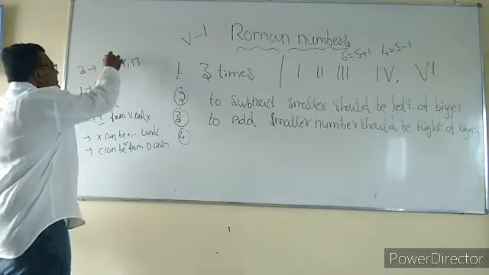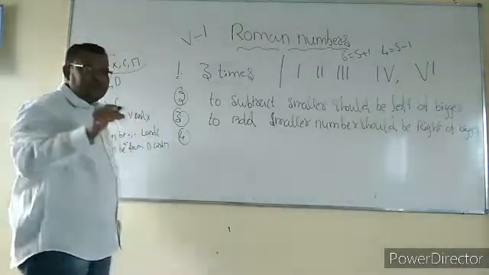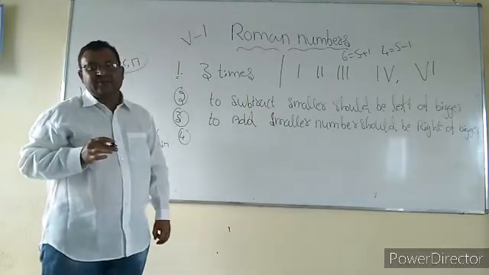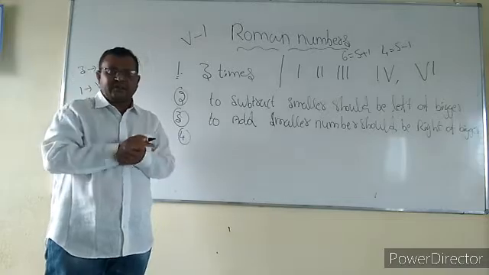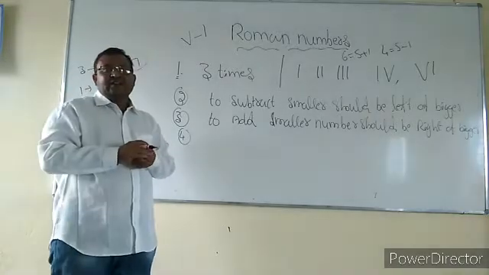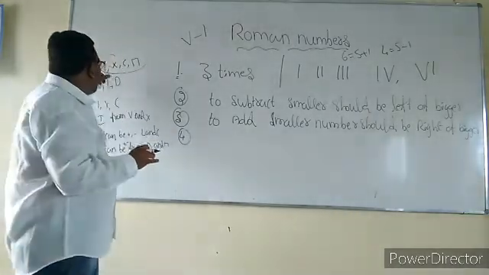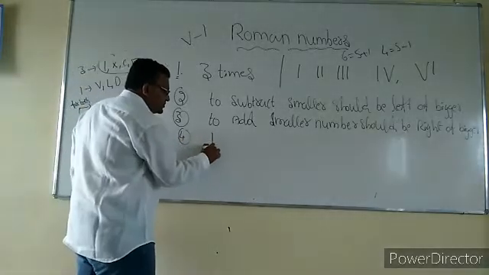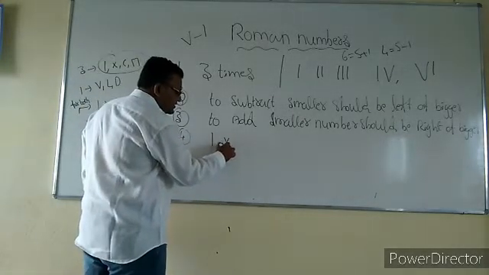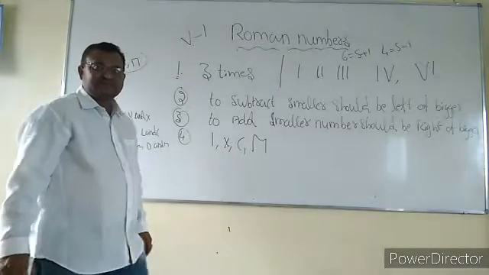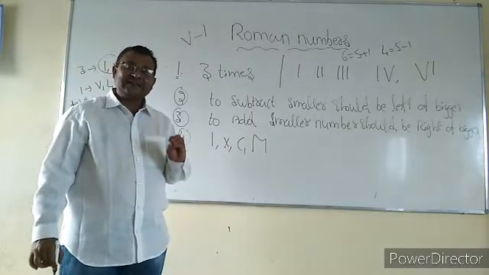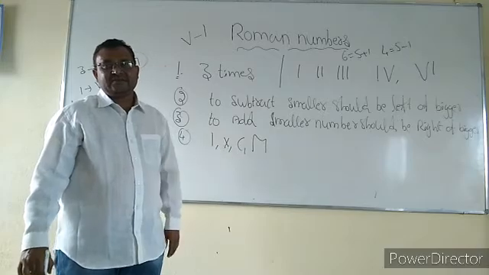So these 4 symbols only are allowed to be used maximum 3 times. No number is allowed to be used 4 times, 5 times, more than 3 times. What are those? I, X, C and M are allowed to be used maximum 3 times.